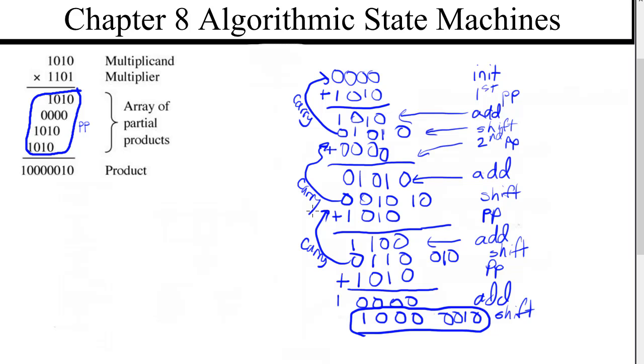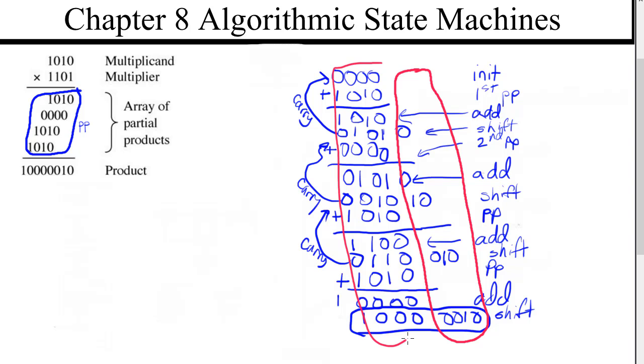Okay, so let's try to figure out the hardware we're going to need. It looks like I have a 4-bit shift register right here. Another 4-bit shift register right here.